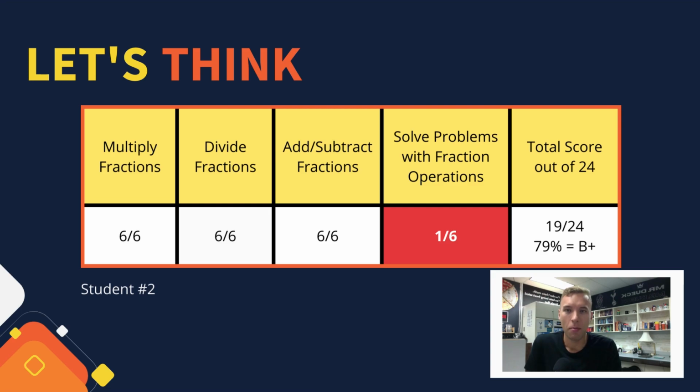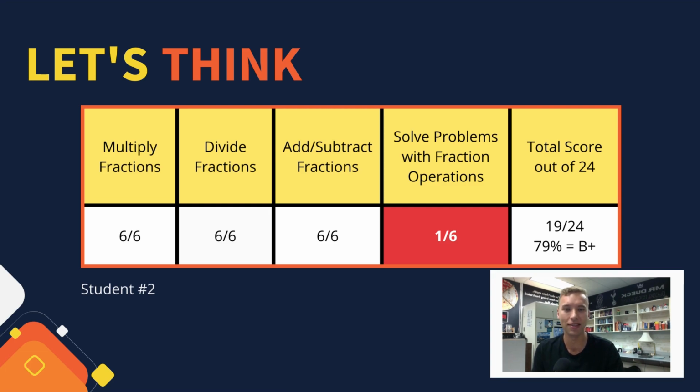You'll notice that in multiplying, dividing, adding and subtracting fractions, they had perfect solutions, and solving problems was a struggle. That's where they lost all of their points, to use the language of this system. If you need to ponder these further, I just remind you that they're in the notes that are provided in the link and perhaps in the handout as well.